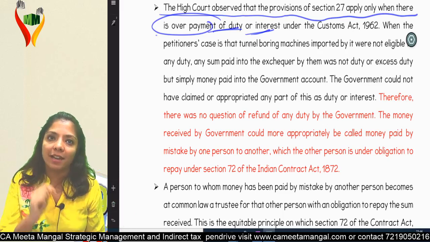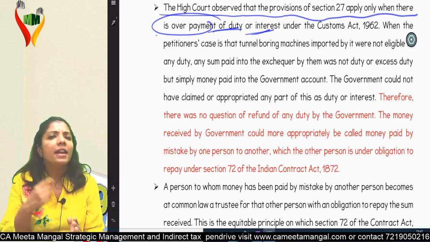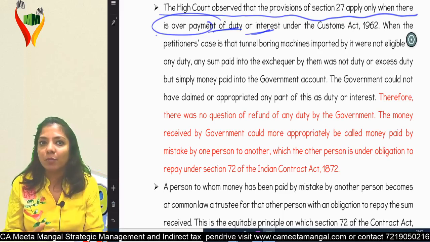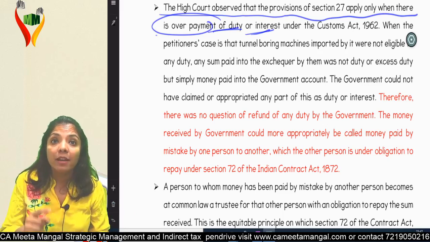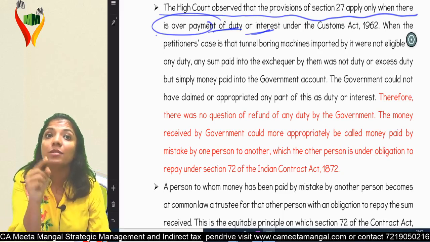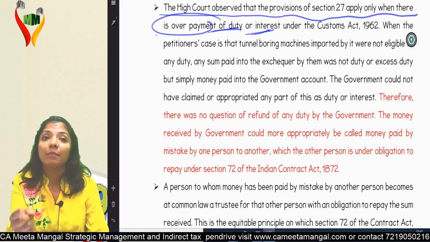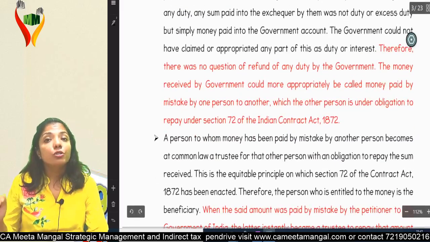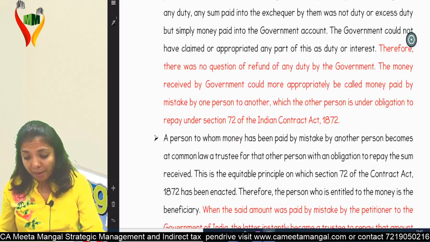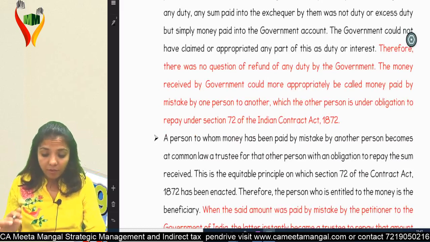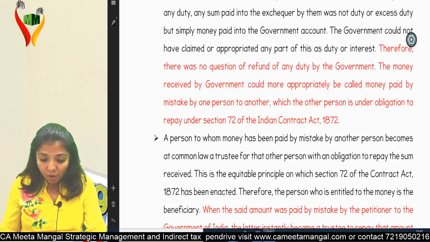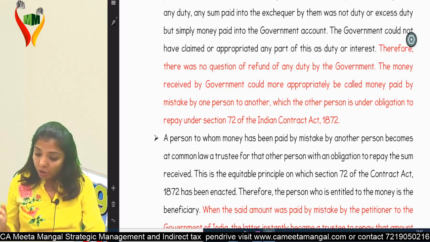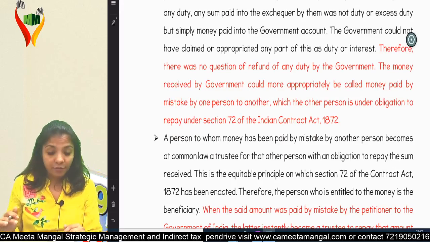So when customs is out, then what? Now the Contract Act comes in. The Contract Act says that if by mistake I have paid something to you, which I didn't have to pay, but I have paid, then you become trustee to that and you should return that money back. Am I clear? A person to whom money has been paid by mistake by another person becomes at common law a trustee for that other person with an obligation to repay the same sum received.